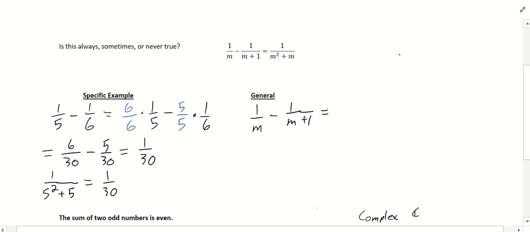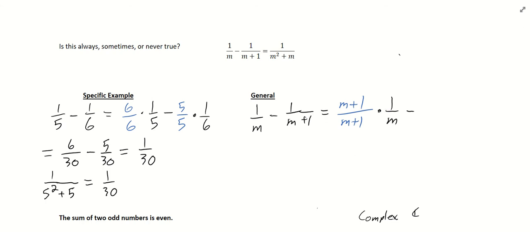Okay, so we'll start off pretty much the same as what we did here. We need a common denominator. So I can multiply the first fraction by m plus 1 over m plus 1, and the second fraction by m over m.